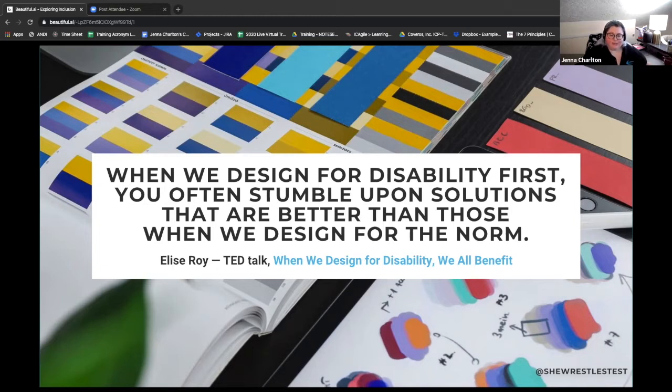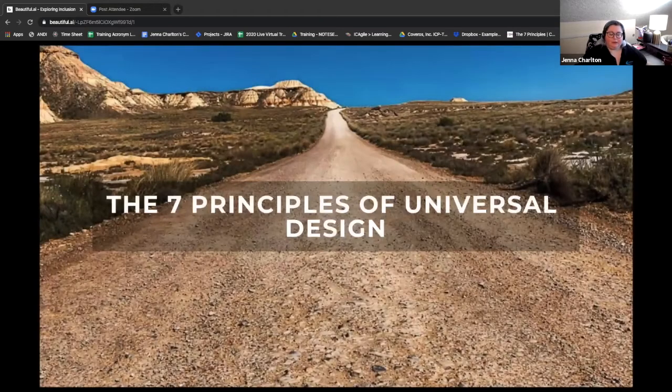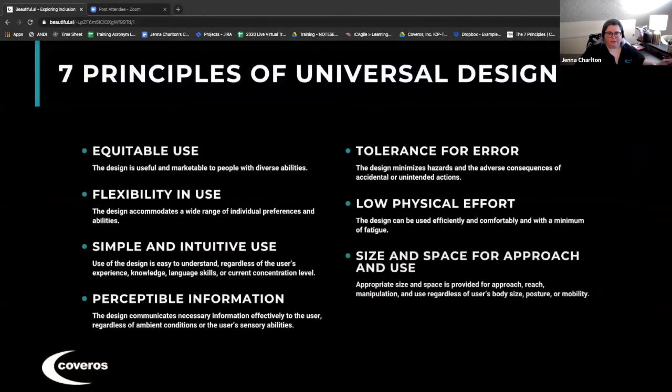And this really kind of goes to the heart of what we're talking about when we talk about universal design, when we talk about inclusive design, when we talk about accessibility. There are 7 principles of universal design, and we're not going to dig too far into the weeds on this.